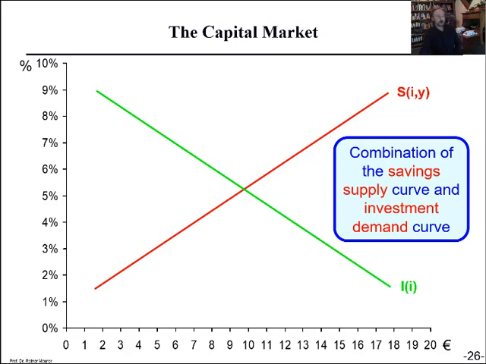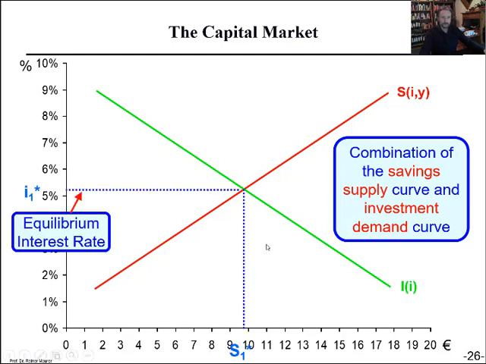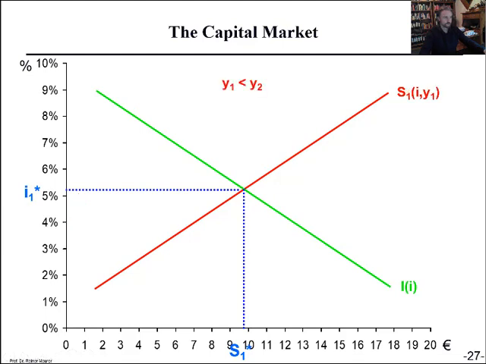The intersection point between savings and investment curve yields the equilibrium interest rate. We can use this diagram to analyze how investment reacts, for example, if household income grows and causes more savings.